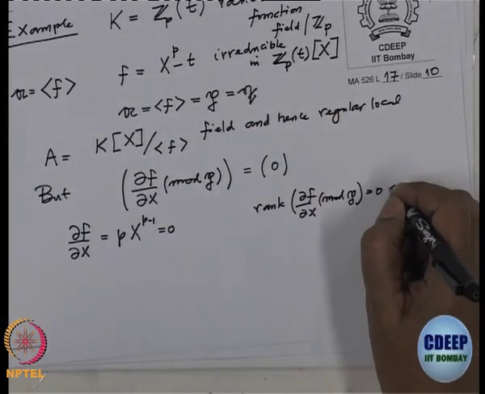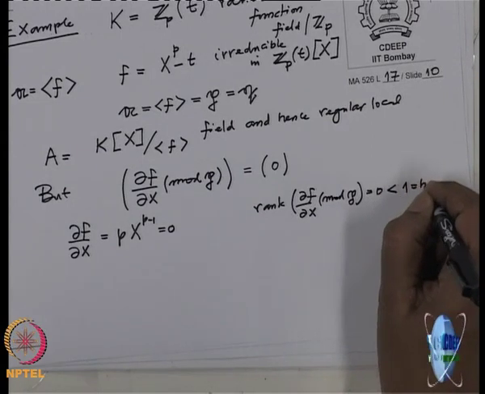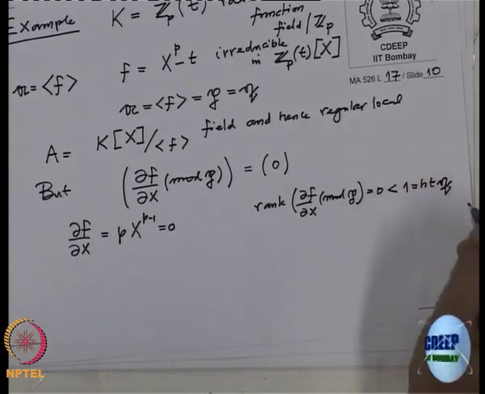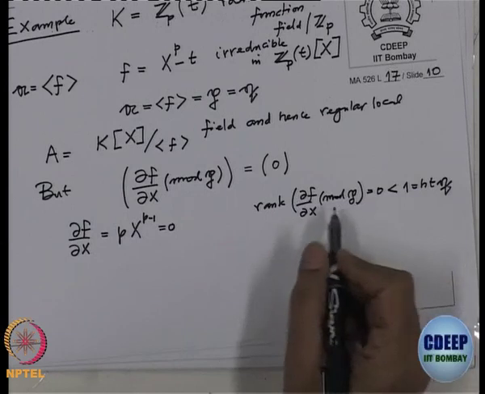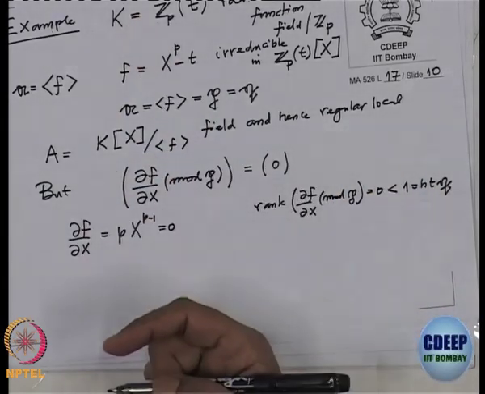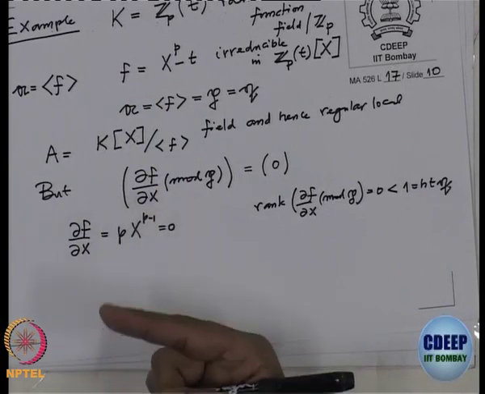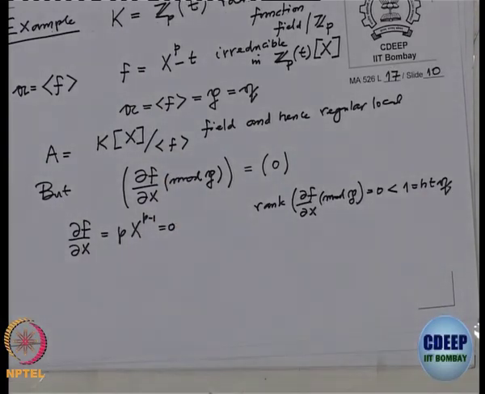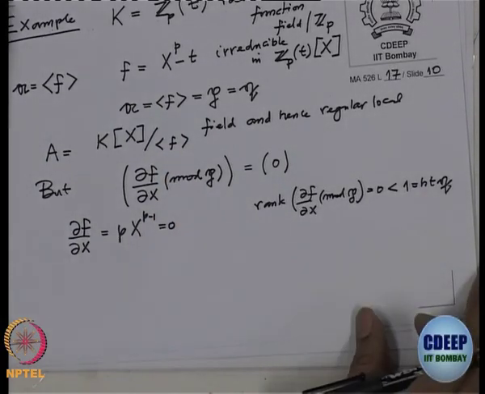So, this is strictly less than 1, which is the height of Q. So, therefore, in the C part, the converse of B does not hold, because this is the example. Okay, now let us take some more examples, so that one will realize how important it is for the calculation.